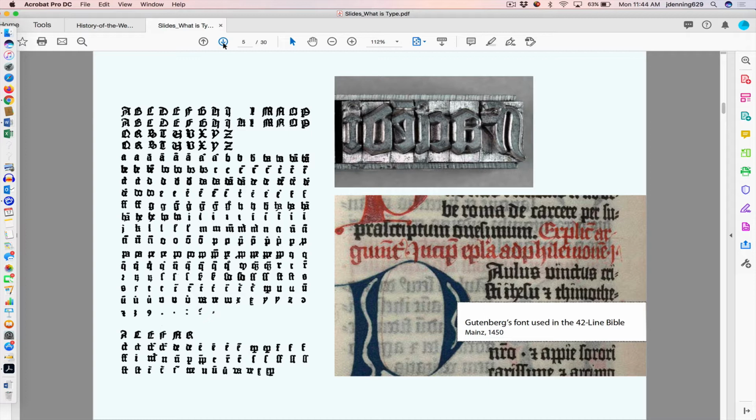So you can kind of see the font used in Gutenberg's Bible. The early fonts used by the scribes, or the writing system or characters created by the scribes, were called blackletter. And so Gutenberg's famous Bible was printed in blackletter.